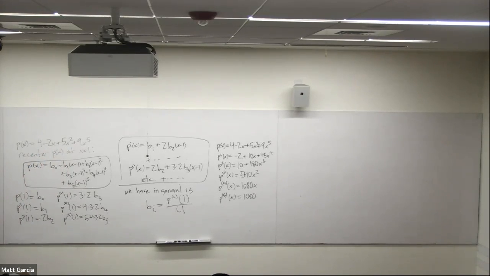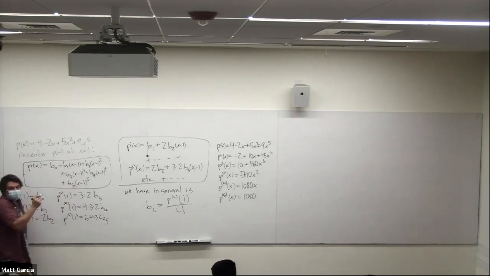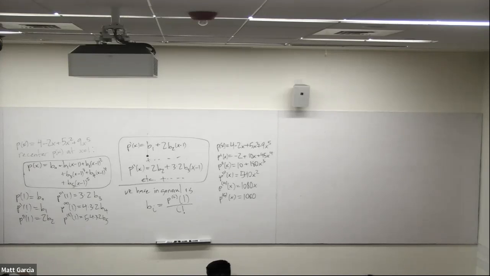The purpose of recentering is so that we can approximate this polynomial in some small neighborhood around the point x equals 1. Visually, graphically, it has no particular interpretation. We're not moving the polynomial, the graph is exactly the same. We're just considering how we can approximate values near a different point.